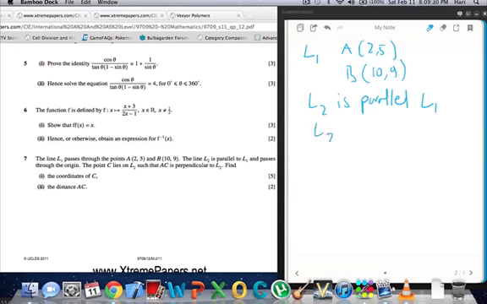So L2 passes through point 0, 0. We can say this is point C if you want. Oh, we can't. The question has a point C already.